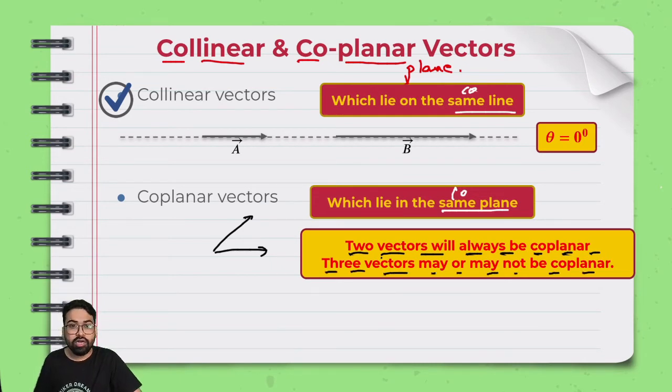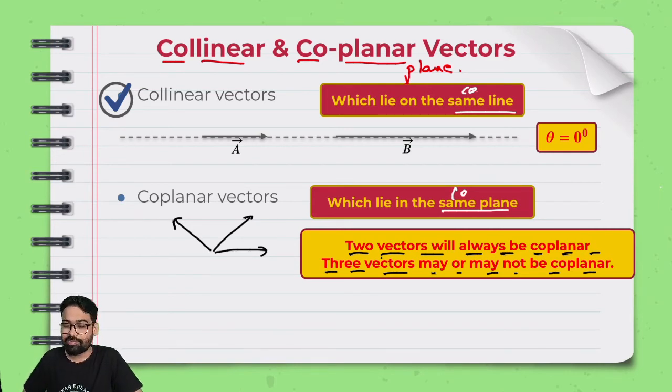A third can come out of the plane, can go into the plane, but maybe it is in the plane of those two vectors itself, and in that case this would be the case where three vectors are coplanar. Conditions for these are mostly asked once you talk about mathematics, not with respect to physics.